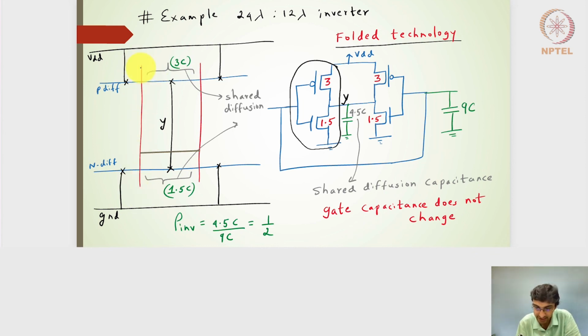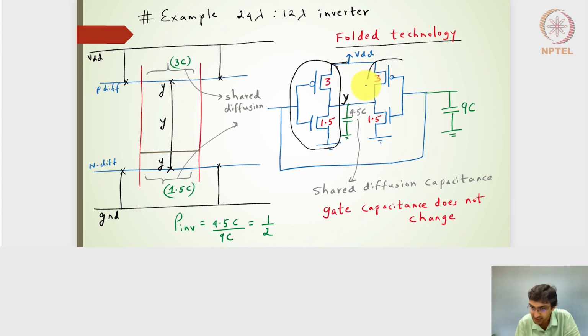So I have a polysilicon gate, the red line, which divides the P diffusion into two diffusion pockets. One diffusion goes to the VDD. The other diffusion is the output line Y. Right, on the N diffusion side, I'll have the input. This is the polysilicon gate input. On one side it goes to the output line, and on the other side it goes to the ground.